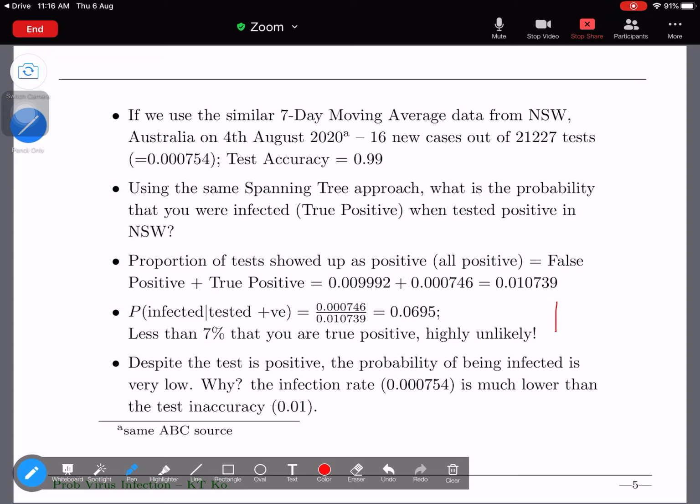So that is the case where the effects of false positive are quite high. And the reason for this is because the infection rate is much lower than the test inaccuracy.